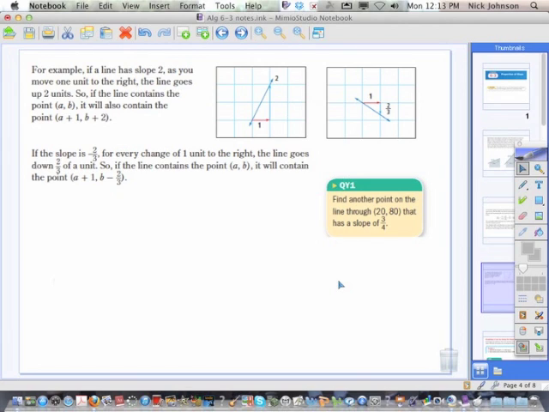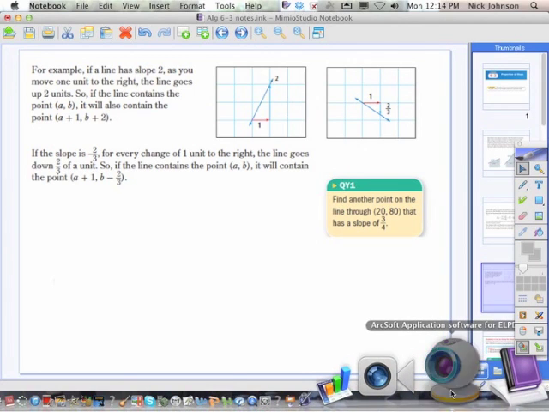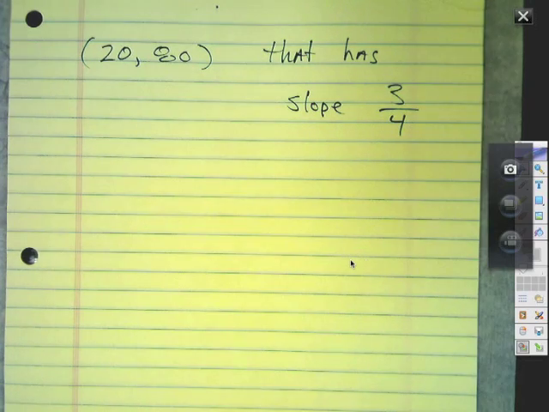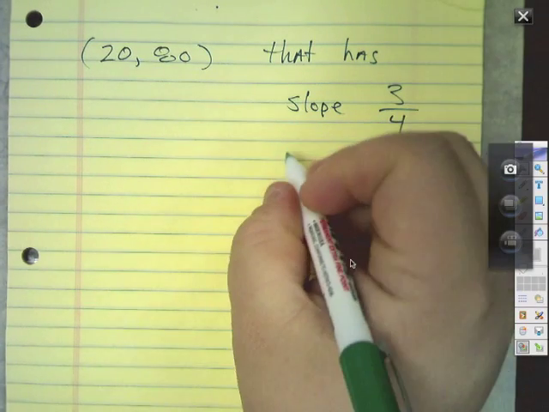Now let's look at Quiz Yourself 1. It says find another point on the line through (20, 80) that has a slope of three-fourths. I'm going to take you to our little viewing station here. So we have a point (20, 80) that has a slope of 3/4.